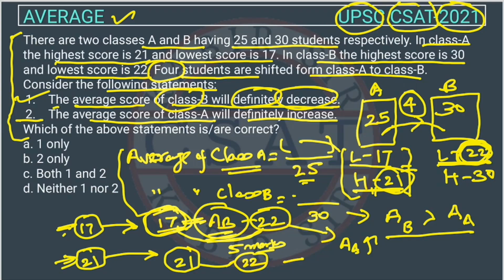But if we are shifting the highest-marks student into class B, then the average of class A will decrease, because now we don't have the highest-marks student, so the average will reduce, right? So here it is reducing and here it is increasing. So we cannot conclude definitely what will happen to the class A average, but we can definitely conclude about the class B average, right? So option A is right. So the answer will be option A.